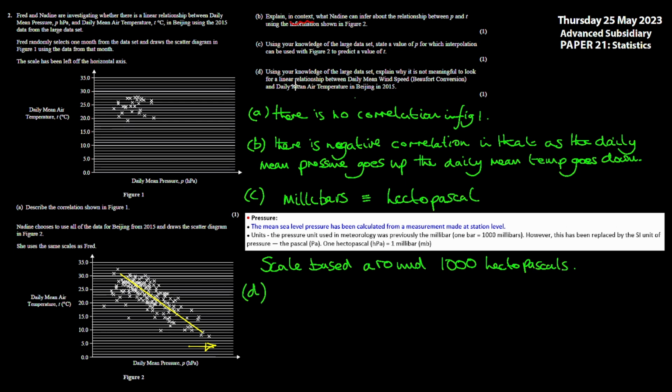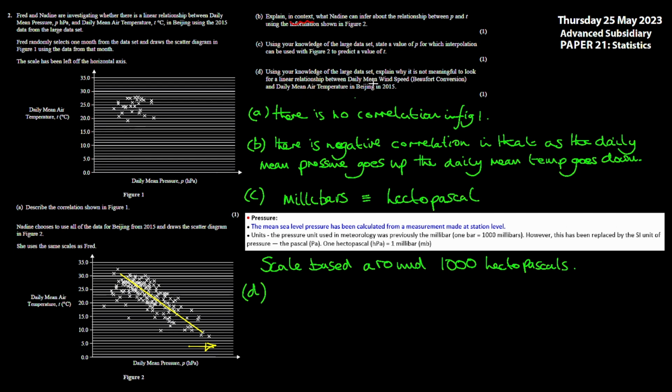Part D also tests your knowledge of the large data set, and we've been asked to explain why it's not meaningful to look for a linear relationship between the daily mean wind speed, having been quoted using the Beaufort scale, which is a scale from 0 to 12, depending on the fierceness of the wind, and the daily mean air temperature.